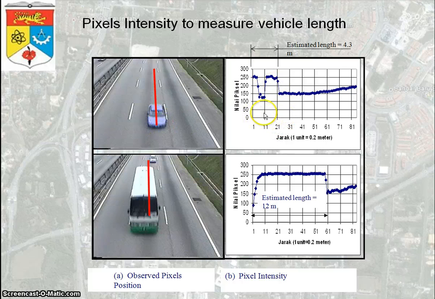From our calibration, the length is 4.3 meters, so most likely it's a car. Whereas for this one, once we detect the front edge of the vehicle, we observe a few hundred pixels to the back. Now we can see the length is about 61 pixels, so about 12 meters. So most probably it is either a bus or a lorry, but because this one is wide, most probably it is a bus.